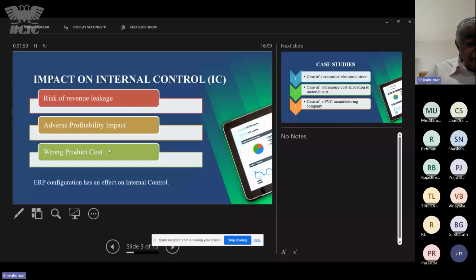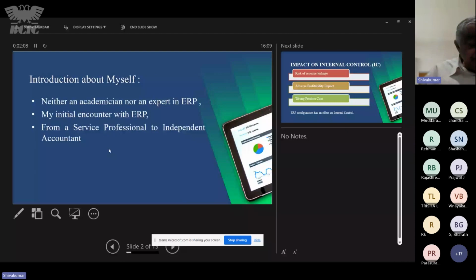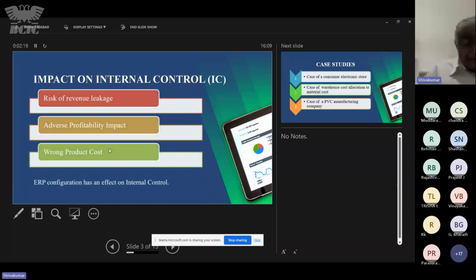The ERP system did replace the RDBMS, but it did not serve its intended purpose. First of all, it was a very, very complex software. The traceability of a transaction right from the beginning to end was very, very difficult, even though it was not impossible.